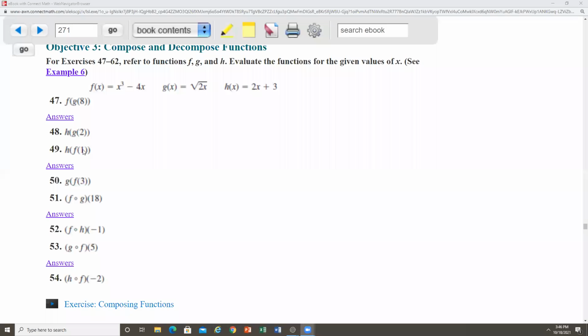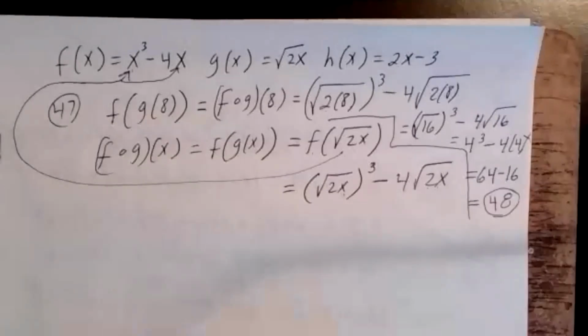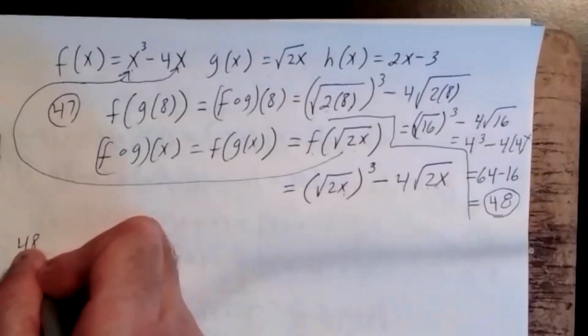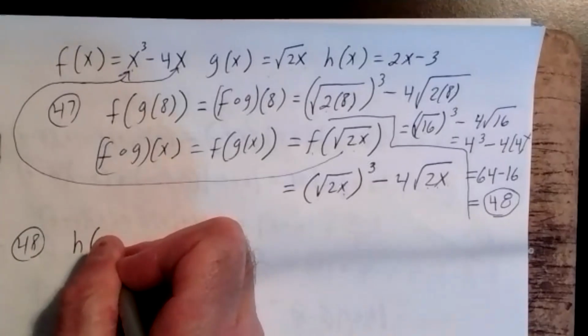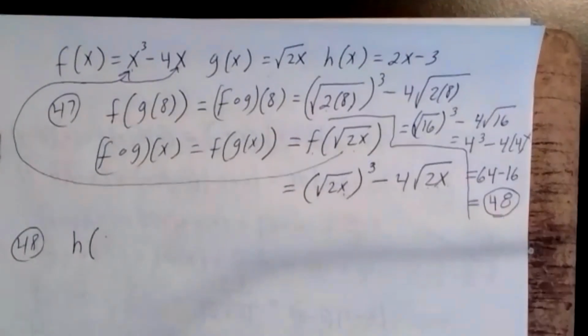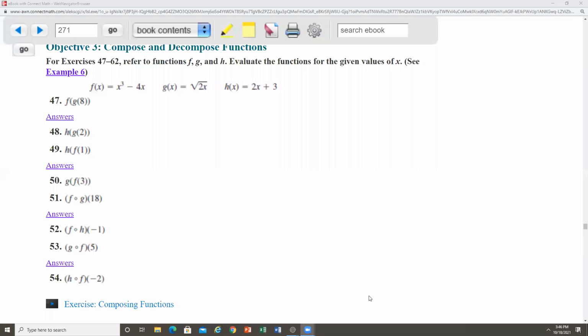All right. Let's try number 48, h of g of 2.